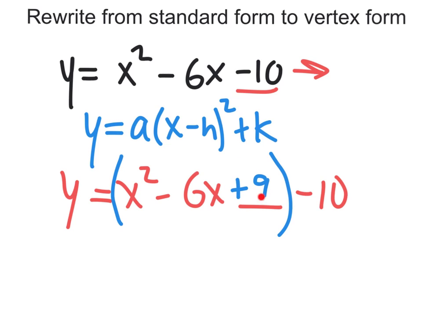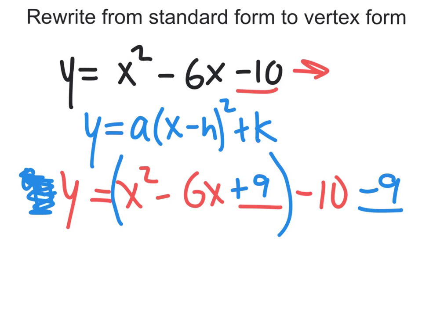So I magically added 9 to the right side of the equal sign. So I either add 9 over here, which I'm not going to do, because I want the y by itself. So what am I going to do? I'm going to subtract 9 over here to maintain the balance of the equation. I hope that makes sense. Again, I added 9. You can't just add 9 to an equation. It won't be equal anymore. If you add 9 here, you have to either add 9 over here or immediately subtract 9 on the same side. Does that make sense?